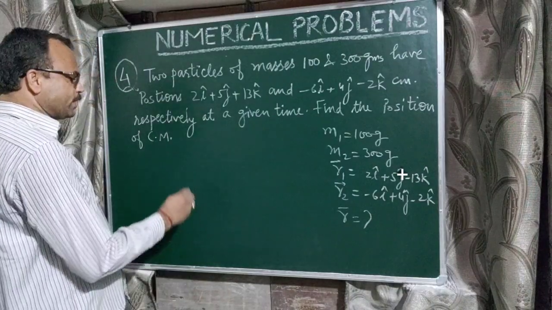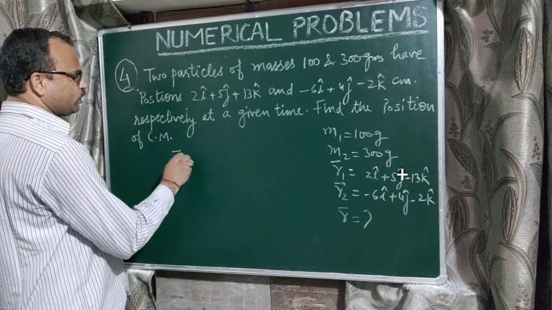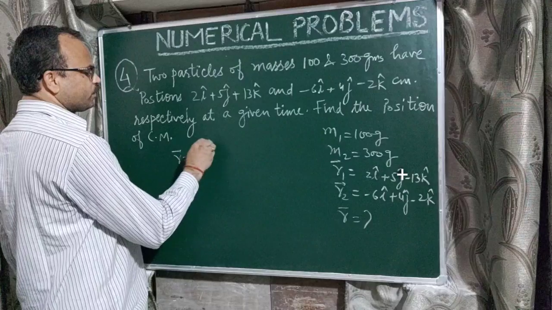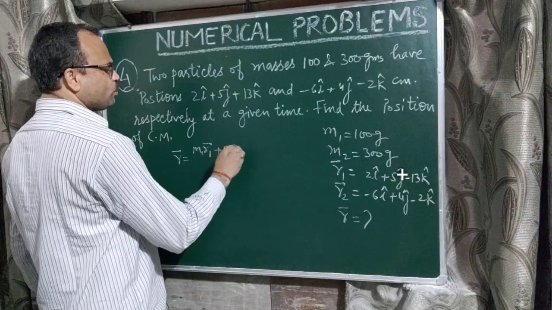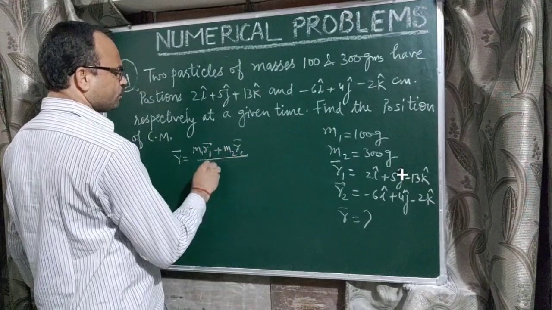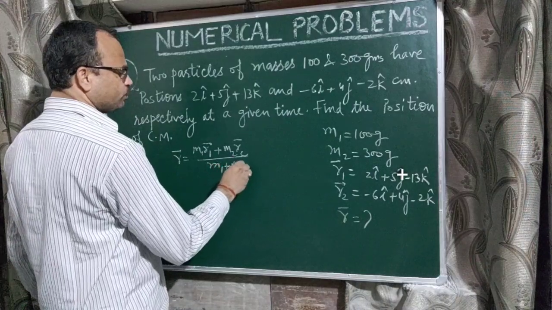As we know, r vector equals (m1 r1 vector plus m2 r2 vector) upon (m1 plus m2).